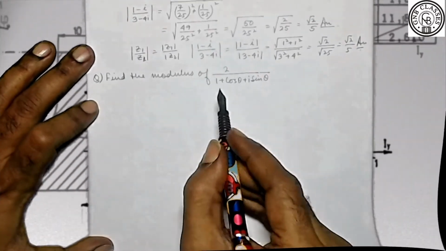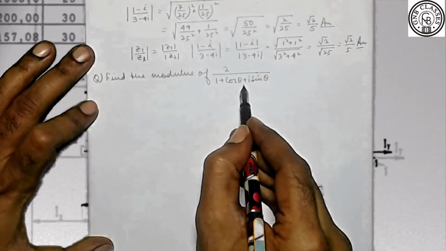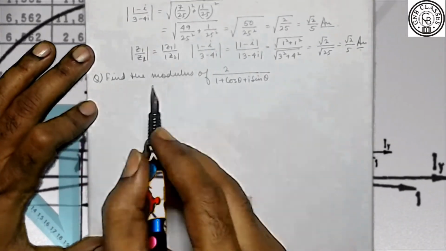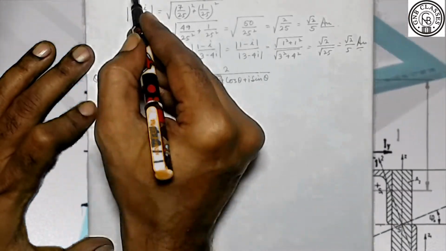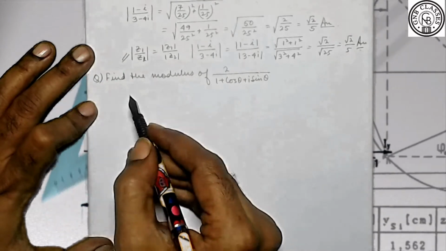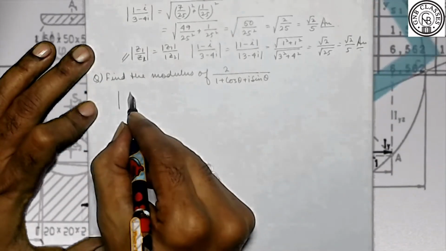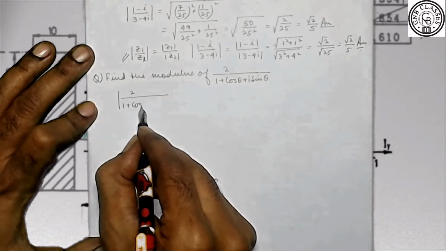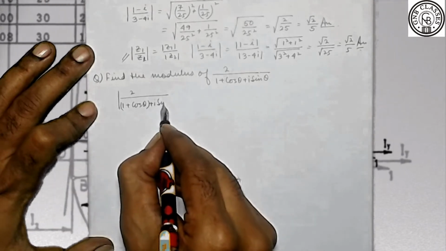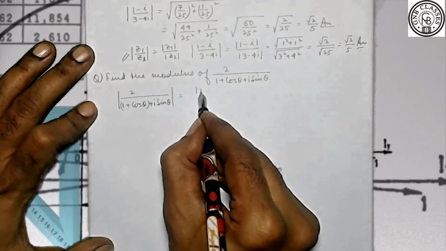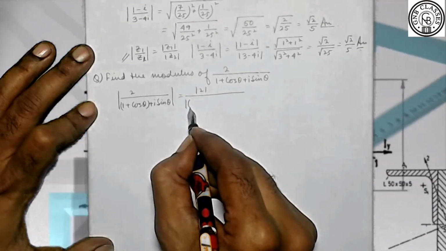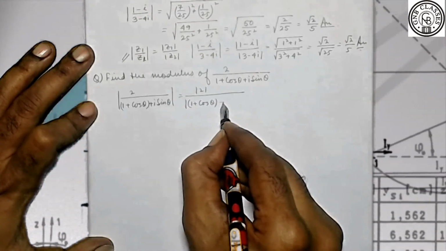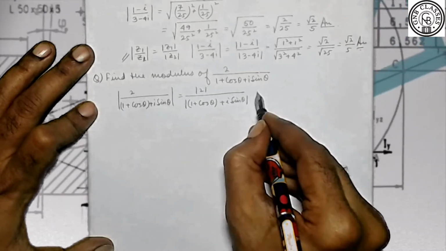Find the modulus of 2 by (1 plus cos theta plus iota sin theta). So this sum I will do by the second method. You can try it with the first method also. Doesn't matter. You will get the same answer. So modulus of this is the same as modulus of 2 by modulus of the denominator.